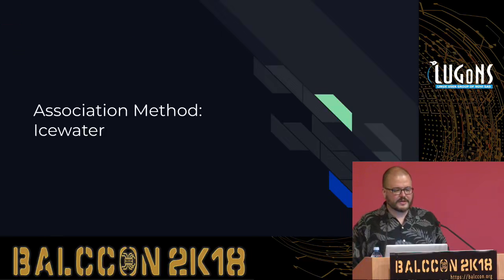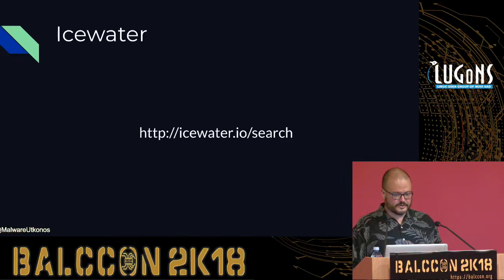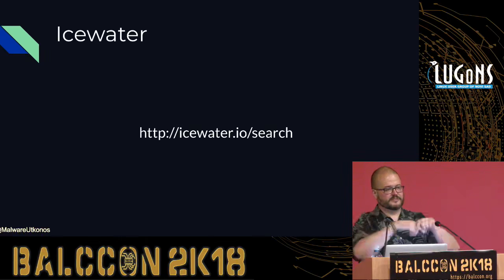So, another association method, and I apologize, I don't have screenshots of this because this morning I was trying to connect to it and there were connection issues. I don't know if it's the ISP that I have here in Serbia, but I wasn't able to connect to Icewater. Icewater is a free service, and this is the URL for it. Icewater uses an algorithm for comparing two malicious files and finding clusters of them.